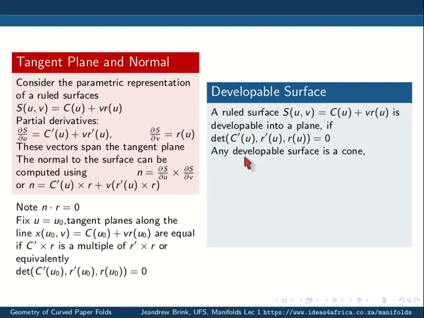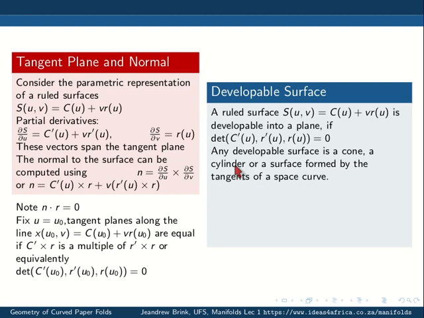Okay? And so if you add this restriction, the only surfaces you get are a cone, a cylinder, and a surface formed by tangents of a space curve. Okay, so a cone and a cylinder, and it's not just the cone, you can cut a bit of a cone and you can make it.